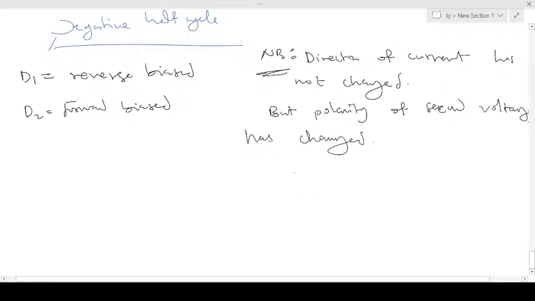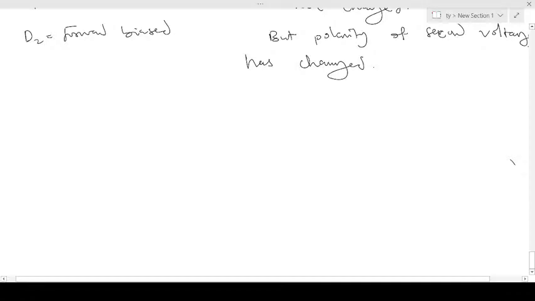Thus, you can consider this as another positive half cycle. The way it works can also be considered another positive half cycle. They are not that distinct. The only difference is that the secondary voltage polarity has been altered.